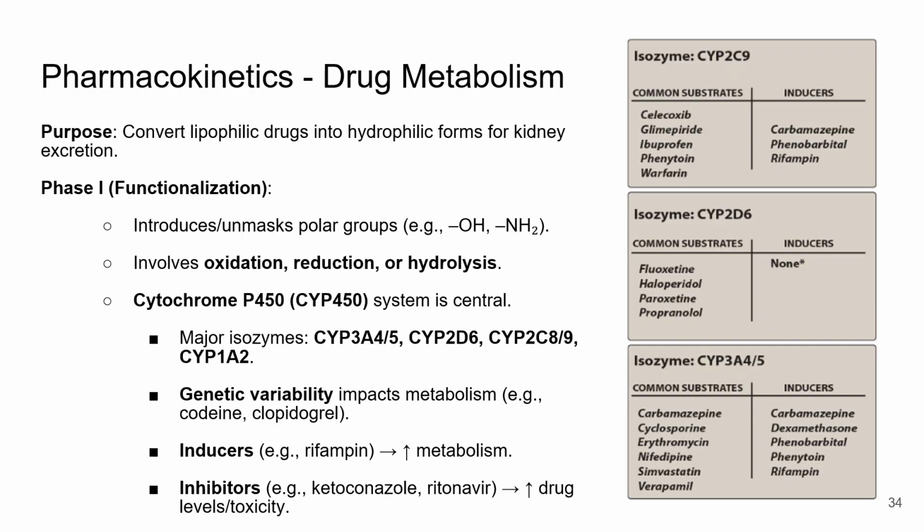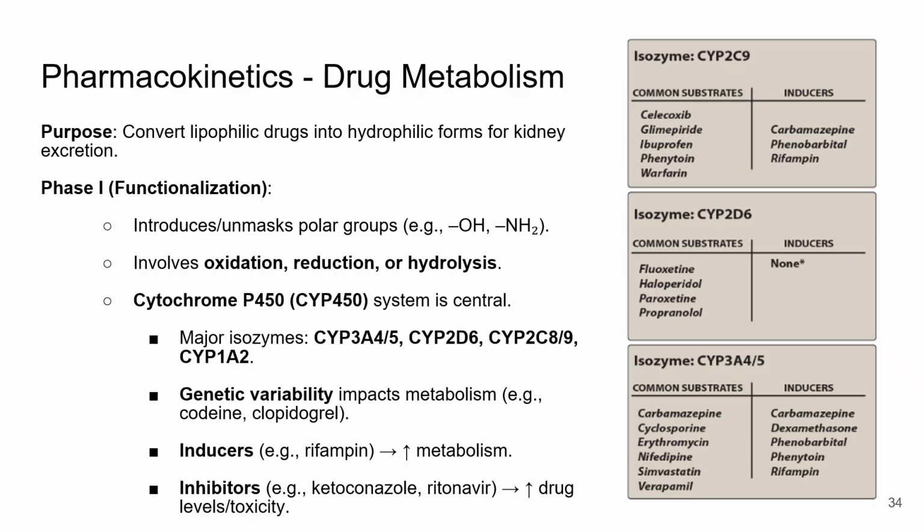Okay, so this slide introduces drug metabolism, which again, the overall purpose is to convert lipophilic drugs into more hydrophilic forms so that they can be eliminated by the kidneys. First step in this process is phase 1 metabolism, which is also called functionalization. In phase 1, the drug's chemical structure is modified in some way, so by either introducing or unmasking a polar group, such as hydroxyl or amino groups, and this makes the drug more water soluble, but it does not always make it inactive.